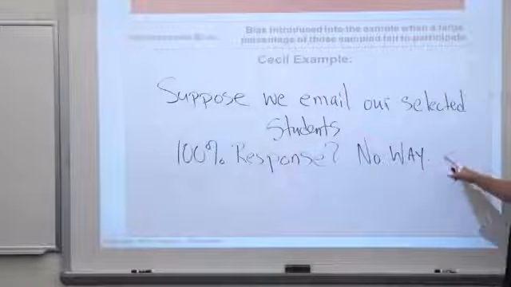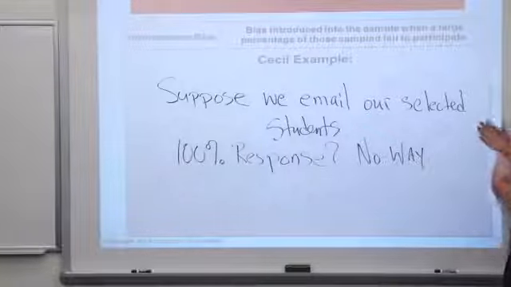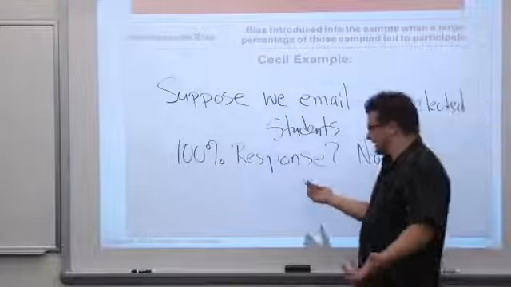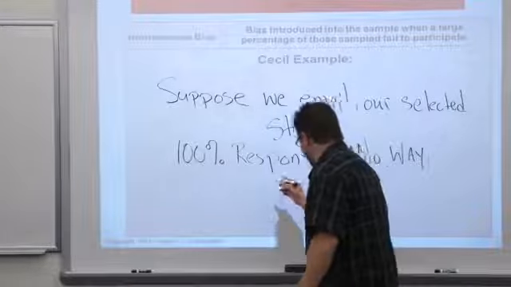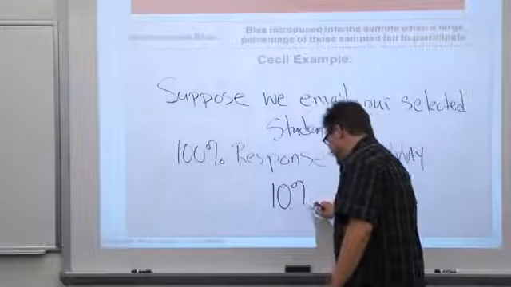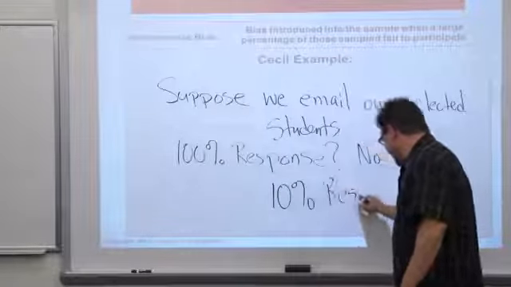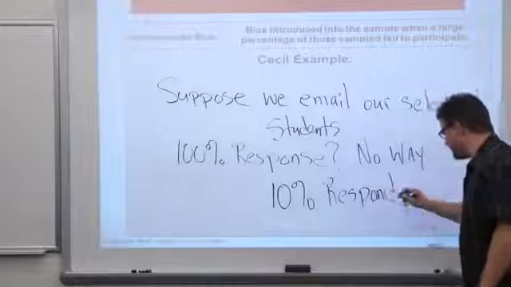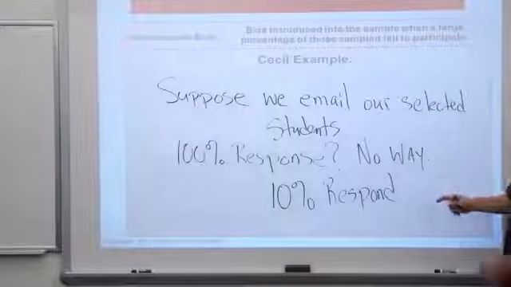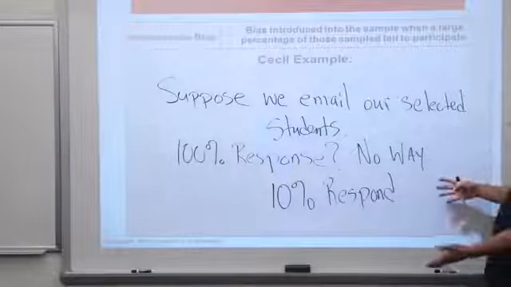If students got that email and they read it and they've decided not to respond, then I don't know what the response rate would be if I had to guess. Maybe 10% respond? I'm not sure. We've never done this before. It'd be interesting to see who responds and who doesn't. But that's non-response bias.